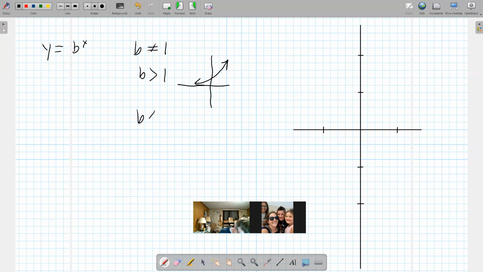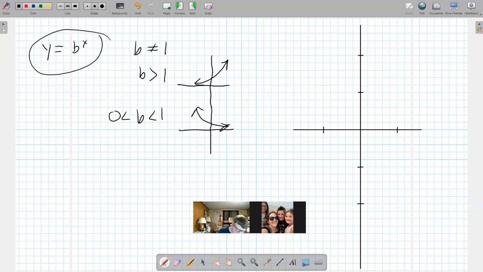If b is less than 1 but greater than 0, the graph decreases. The domain is all real numbers. The range is greater than 0. There's no x-intercepts, and the y-intercept is at (0, 1). That's for all of them of this form.